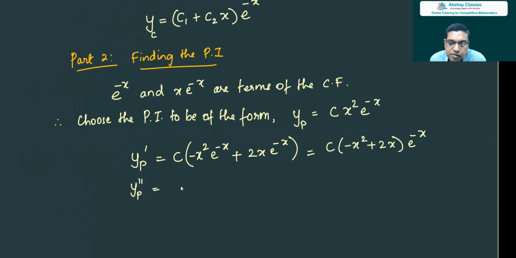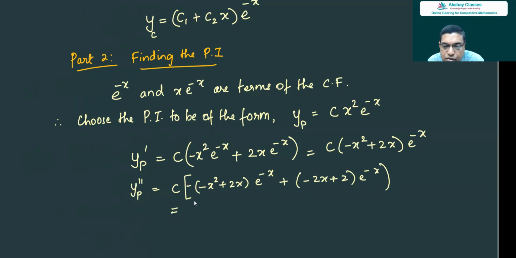For yp double dash, c, keep this as it is with a minus sign, derivative of e power minus x is this, plus differentiate 2x, that is minus x square plus 2x gives minus 2x plus 2, times e power minus x.